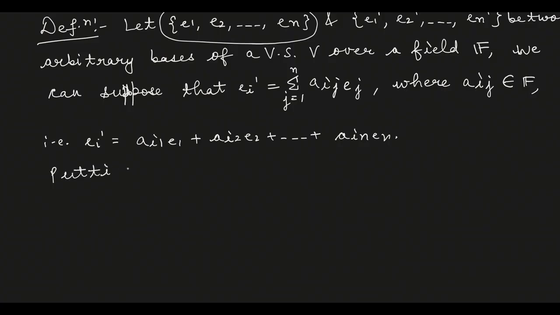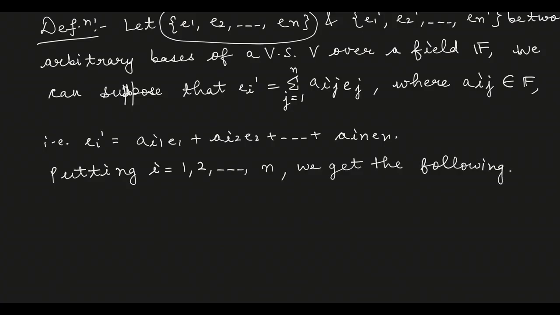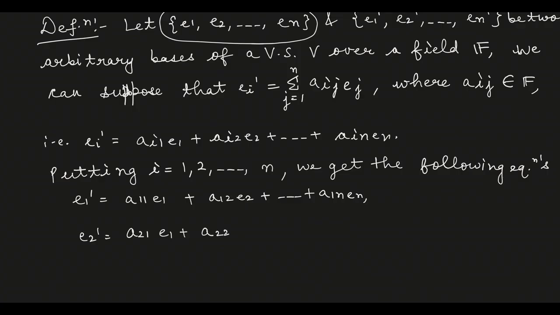Putting i equal to 1 to n, we get the following equations. e1 dash will be a11 e1 and so on, e2 dash is equal to a21 e1 plus a22 e2 and so on till a2n en.